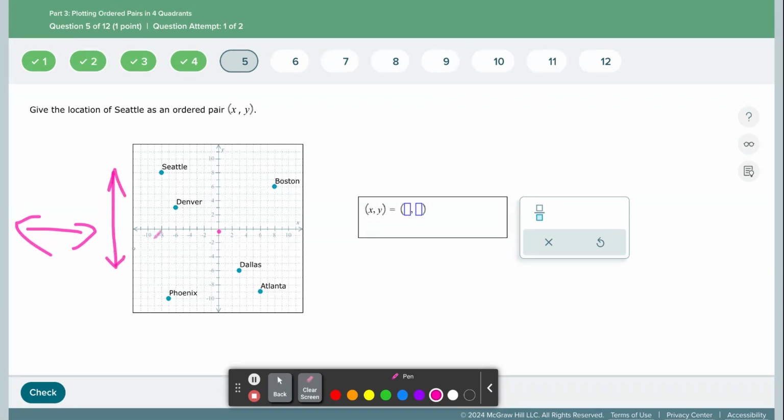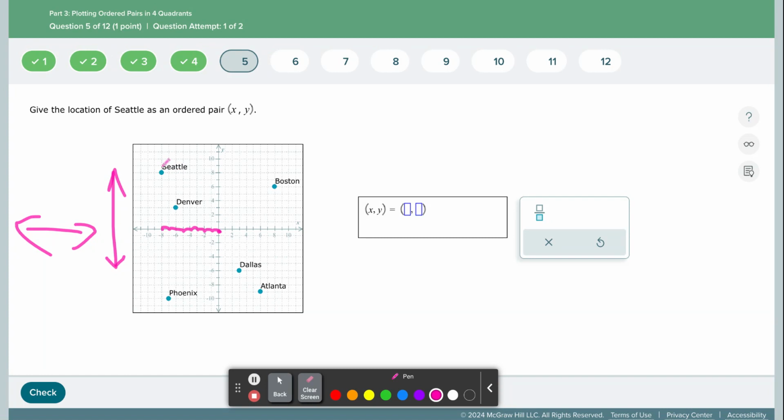So from here, which direction am I going to walk? Am I going to walk left or right to get towards Seattle? I have to walk left. So how many hops? 1, 2, 3, 4, 5, 6, 7, 8. 8 gets me right underneath Seattle. Then my second set of directions is that I can go up or down.